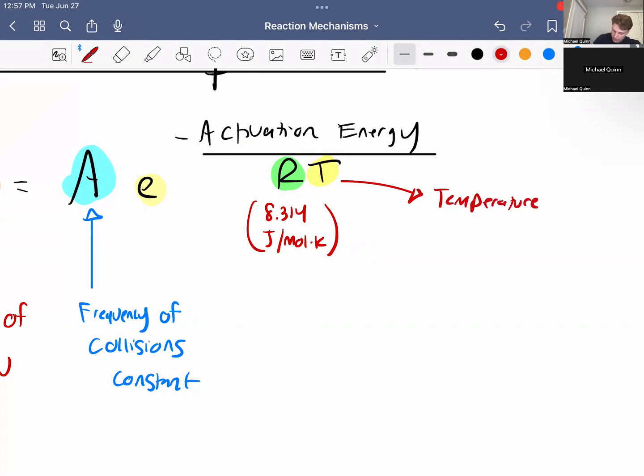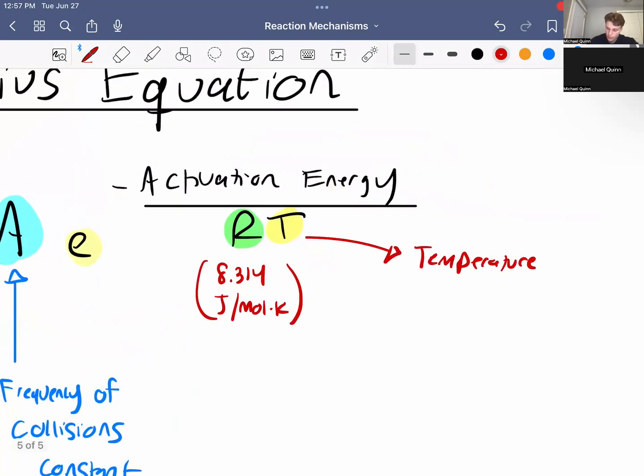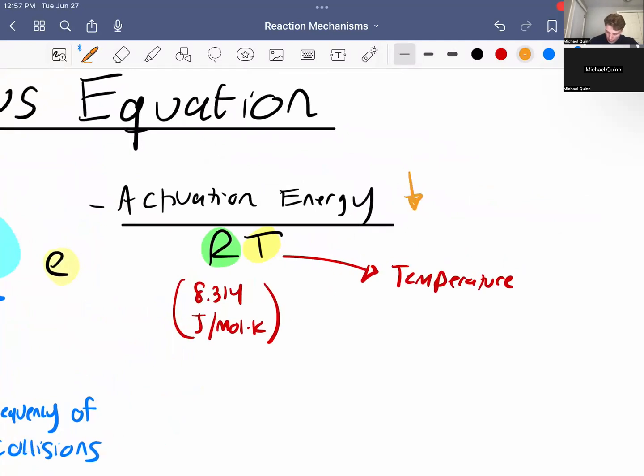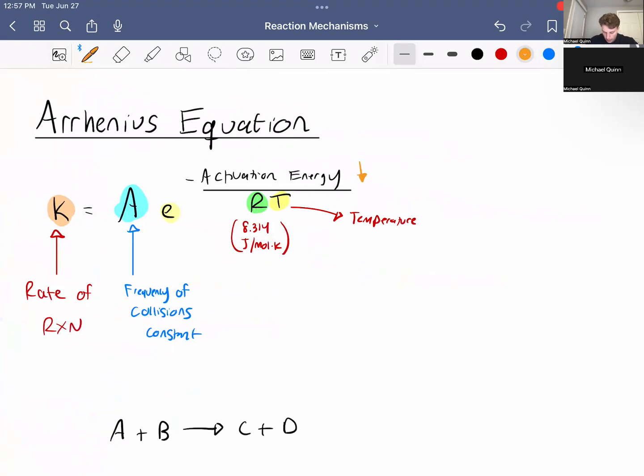So looking at this equation, how could we speed up the rate of our reaction? Well, one thing we could do is lower our activation energy. Now, when we lower our activation energy, this is the numerator, but it is the negative value. So you are making your numerator a smaller negative value, which is actually in turn a larger number, which will increase the rate of reaction.